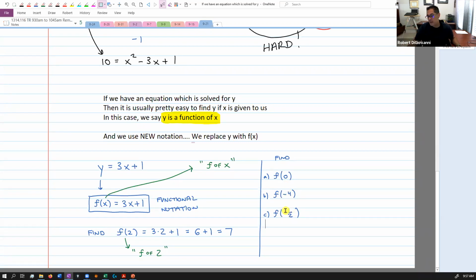Let's take maybe 3 or 4 minutes. I think the last one's going to be the hardest because it has a fraction in it. I don't want any decimals for answers. I want everything to be fractions. So see how you do, and then we'll run through them real quick. I'll give you 4 minutes.